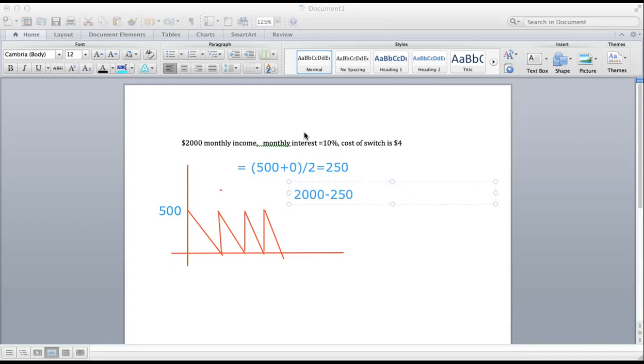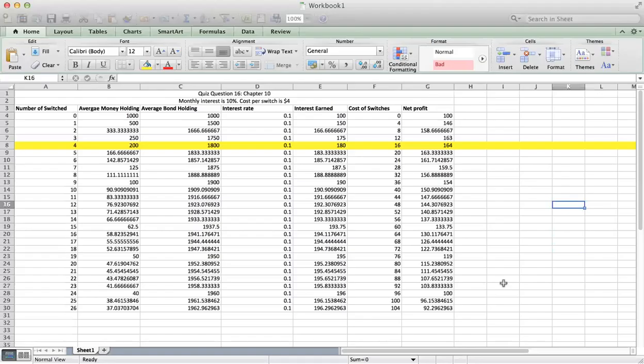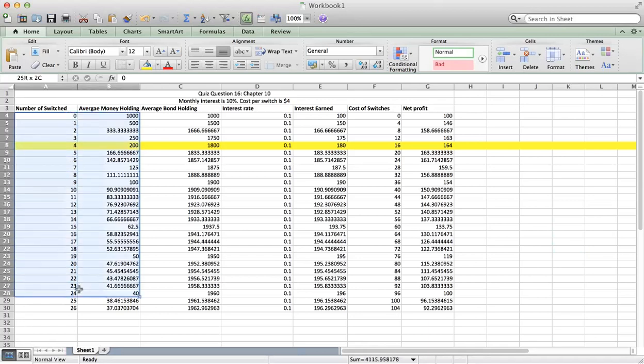Okay, now to answer the question, basically, you need to see how much money or profit you can make on the bonds. So I summarized this information on this Excel sheet. Over here in the first column, we have the number of switches.